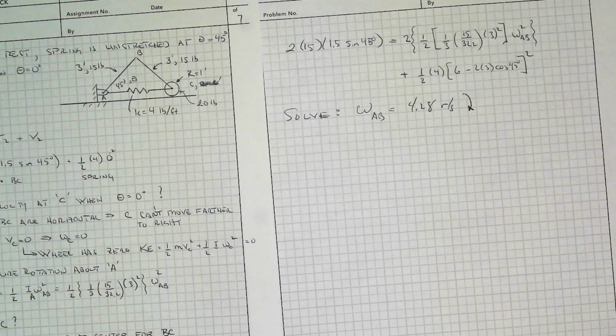This is in pure rotation about A, and VB will have some velocity. When it gets down here, it'll be straight down. The velocity of B on this link is the same as the velocity of B on that link. These are equal length, and VC is 0. So this is in pure rotation about A. This is in pure rotation about C.